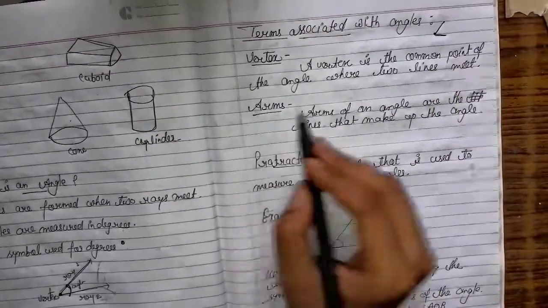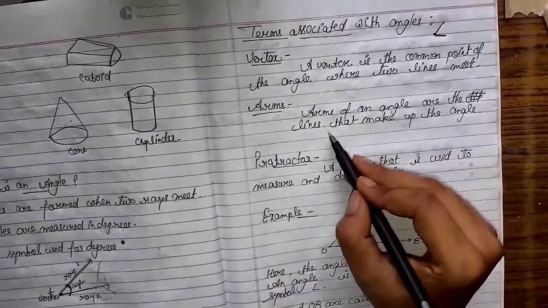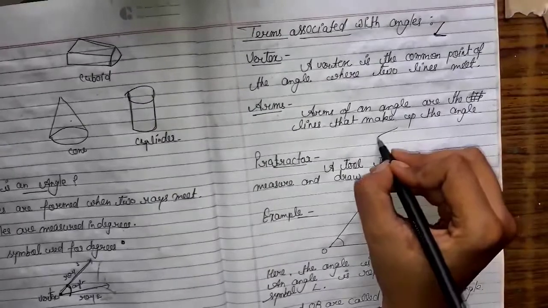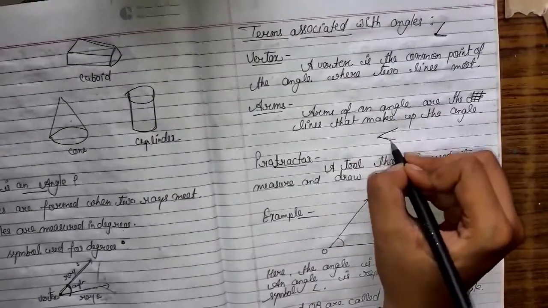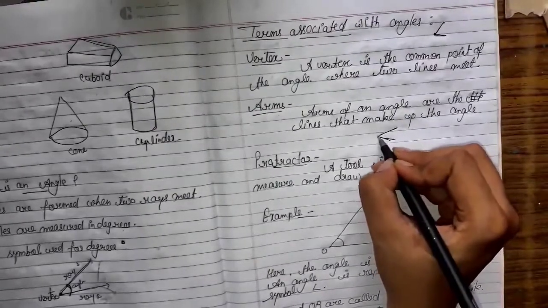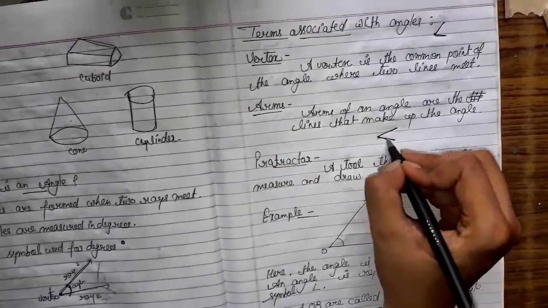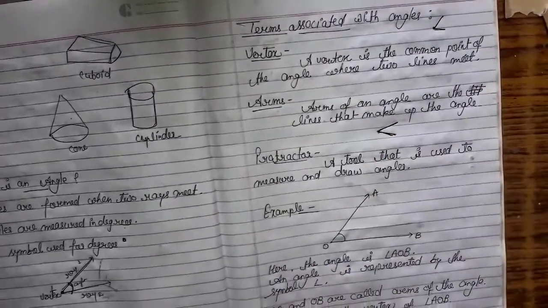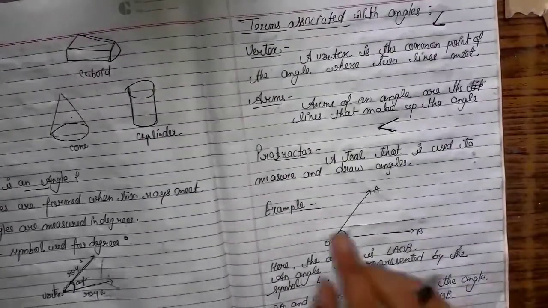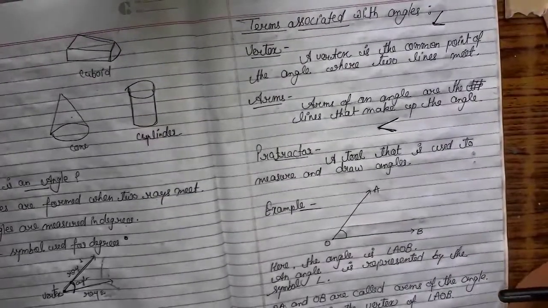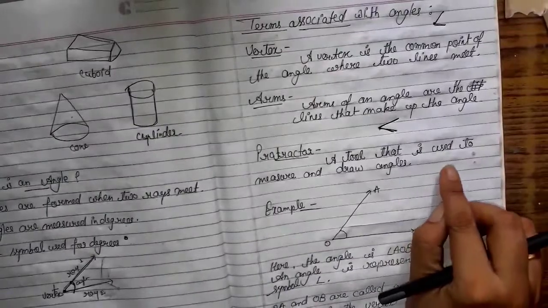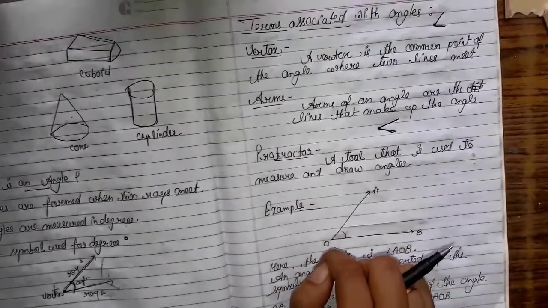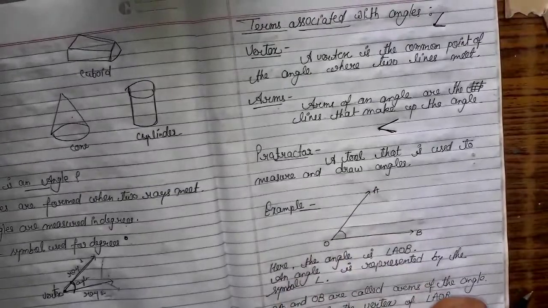Next is arms. Arms of an angle are the lines that make up the angle. Like this, these two rays making an angle, so these two rays are called arms. Now next is protractor, a tool that is used to measure and draw angles. That tool is called a protractor.